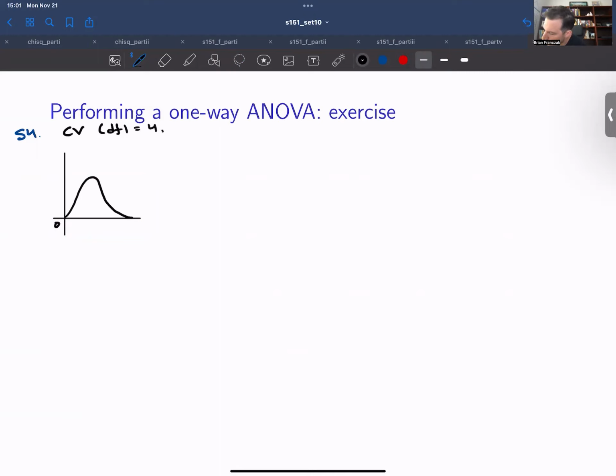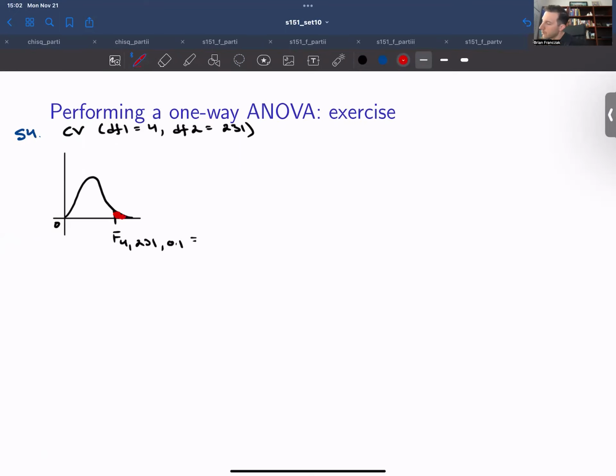So this is going to be 4. Our second degree of freedom, df2, is going to be the df for the error. So that's 231. So we have an F value on 4, 231, and 0.1. So this is our critical value.